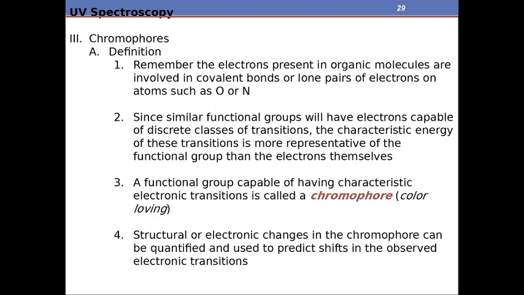So in a sense, any molecular system that could undergo electronic transition, which is essentially a chromophore, and any factor that could change the transition energy of this chromophore could be studied using electronic absorption spectroscopy or UV-visible absorption spectroscopy.